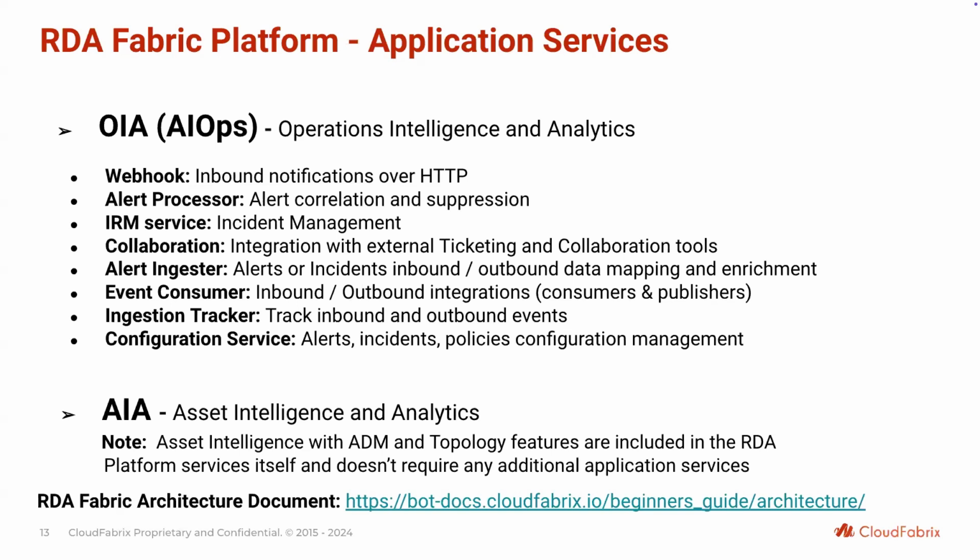Some of these integrations are managed through event consumer. Especially in the alerts to ticketing flow, the actual ticketing API integration happens and is managed through the event consumer service.